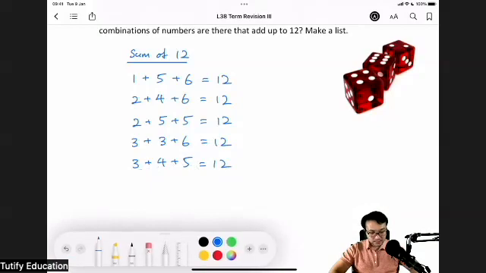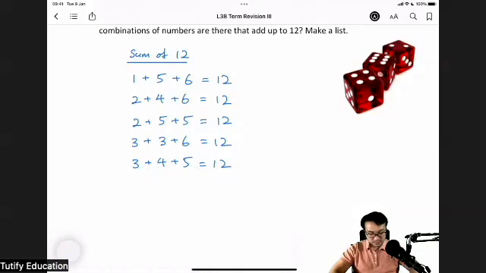So what can we do? 4 and what else? 4 plus 4 plus 4, yes. Shall we increase to the next number? 4, 5, 3? Can we?